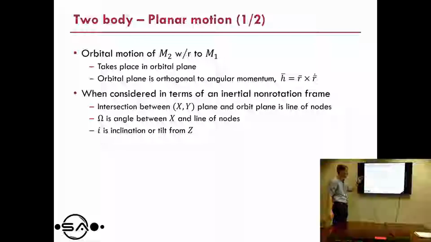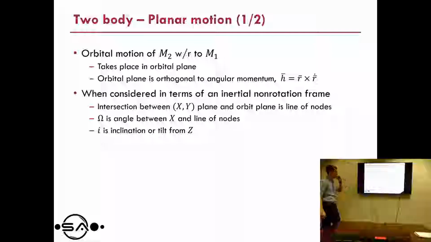The way those two interact is that if we had that xy plane coming out of the Earth, the intersection between the two is where our line of nodes is, where the satellite is going to cross up through and then come back down through. The line of nodes connects those 2 points, so it's the intersection of the orbital plane with the xy plane in our inertial frame.